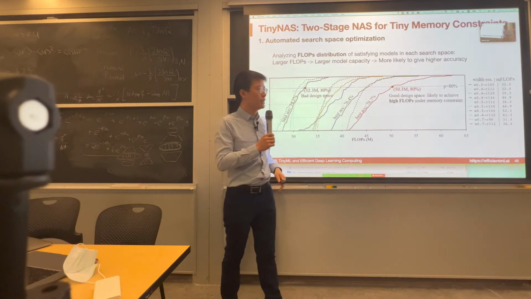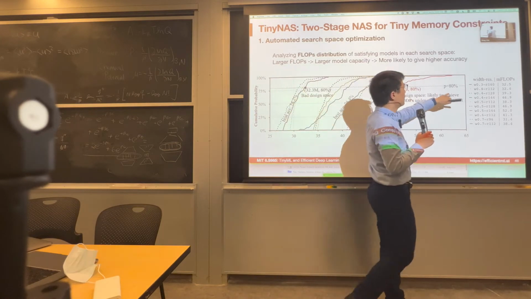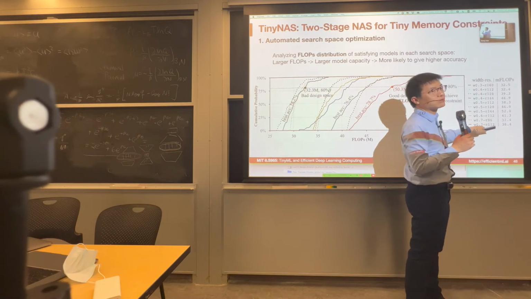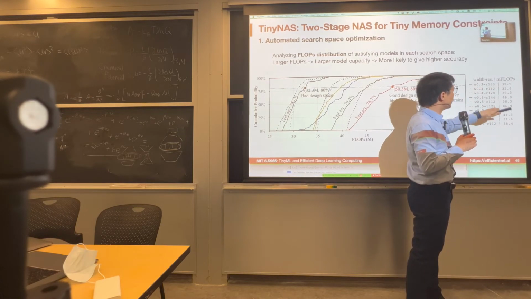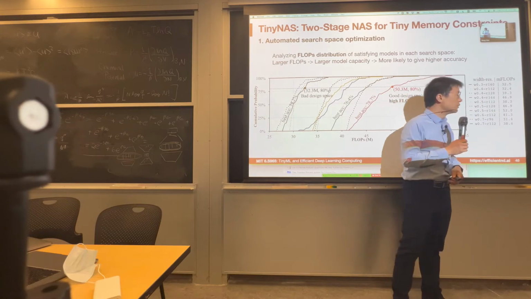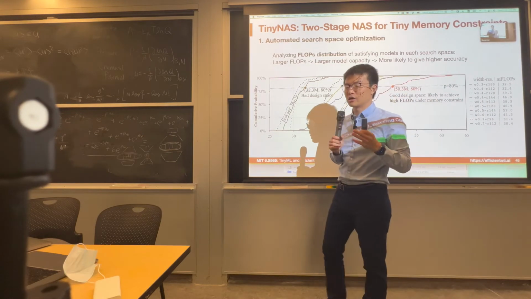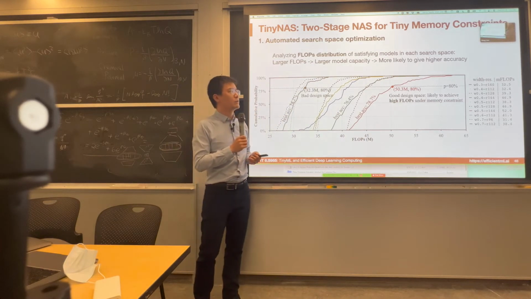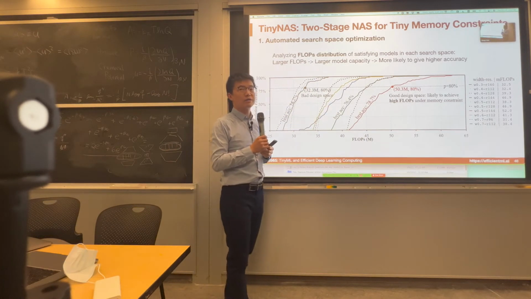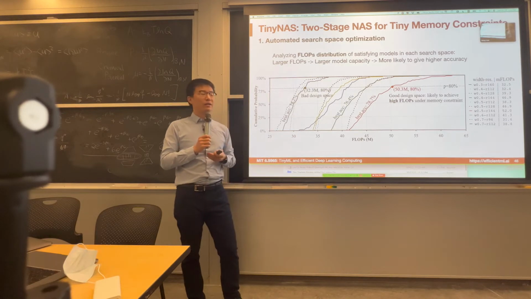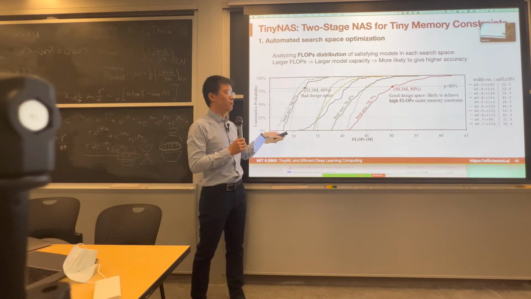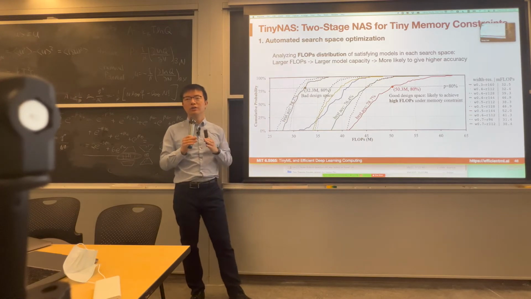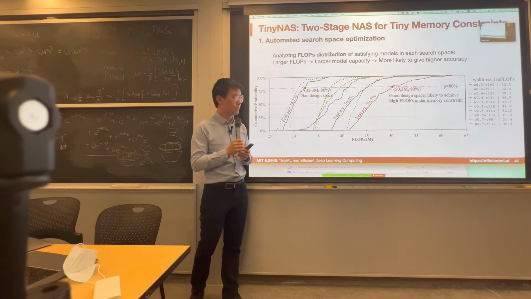So here we plotted several design spaces. The width ranges from 0.3 to 0.7, and the resolution ranges from 96 all the way to 160. We plotted a lot of combinations of such width and resolution pairs, and then we analyze the number of FLOPs that can fit. This doesn't require any training; we just calculate the FLOPs analytically.